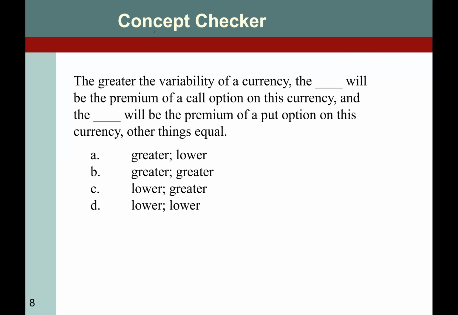Here we go, we have another question. The greater the variability of a currency, the greater the premium of the call option, and the greater the premium on the put option on this currency, other things equal. So what is the option?